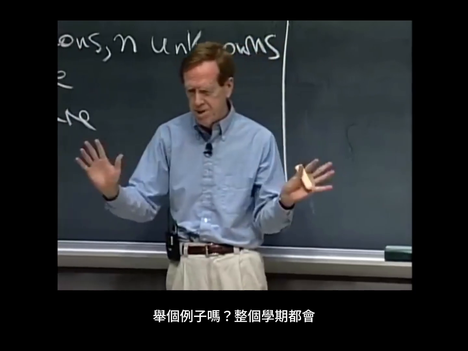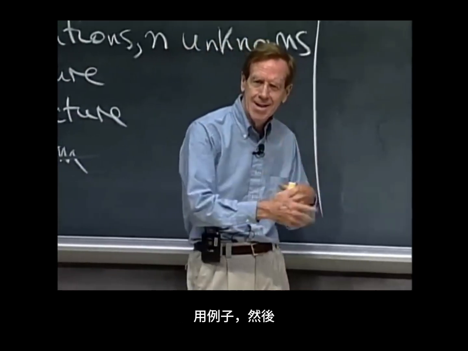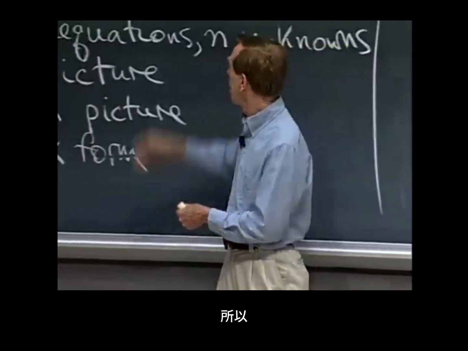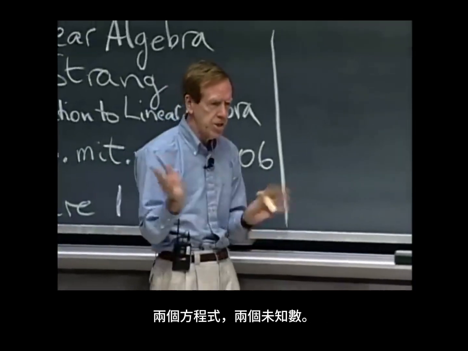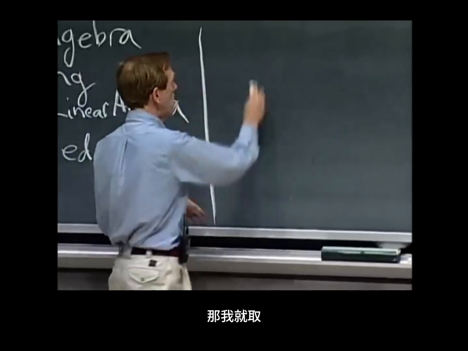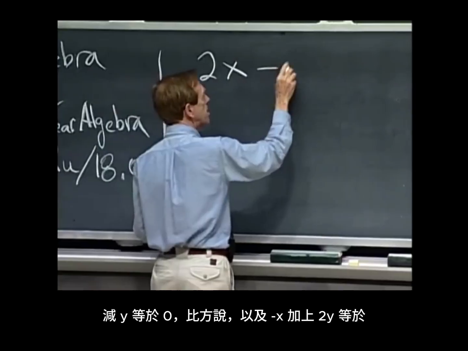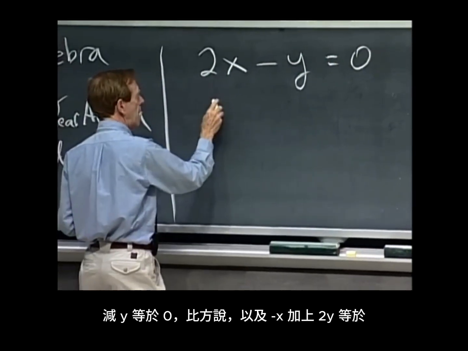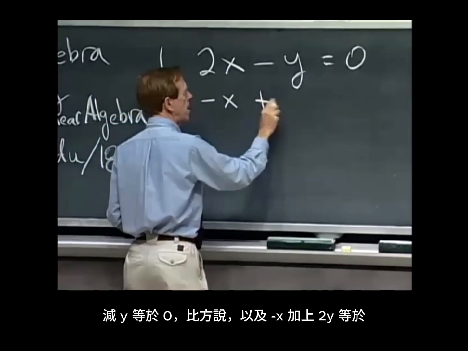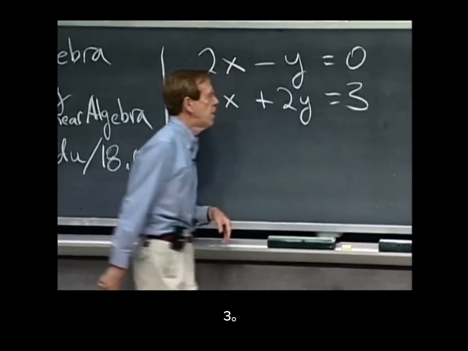Okay, so can I do an example? The whole semester will be examples and then see what's going on with the example. So take an example. 2 equations, 2 unknowns. So let me take 2x minus y equals 0, let's say, and minus x plus, say, 2y equals 3. Okay.